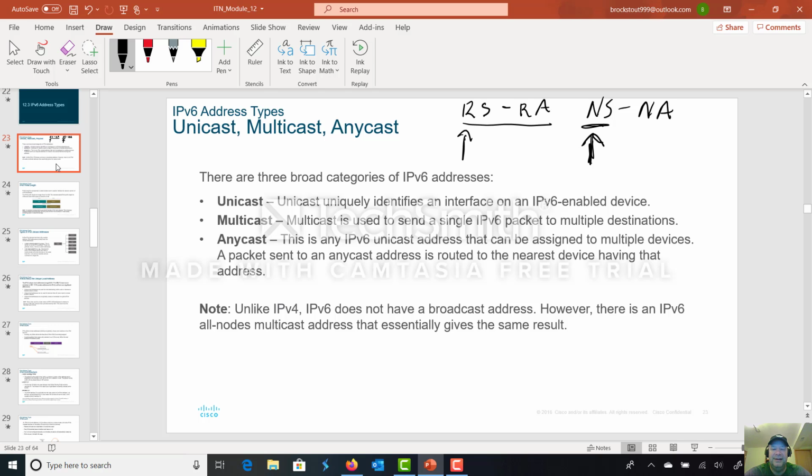And then anycast is a way that you can look for services no matter where you are. Like I said, it's not totally proven, but a good example would be if you were on a mobile phone and there was a specific service like 911 that you're always looking for.